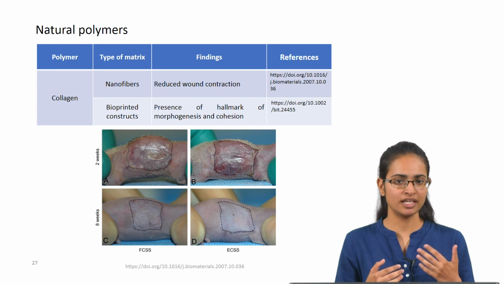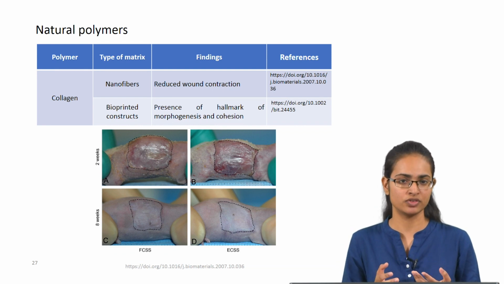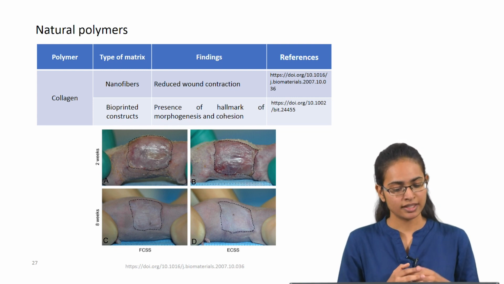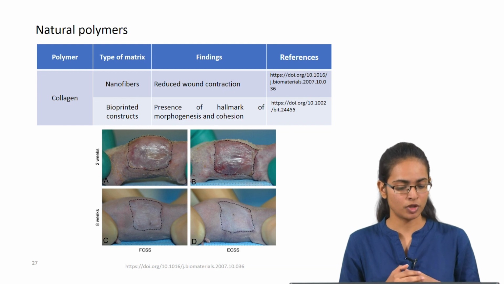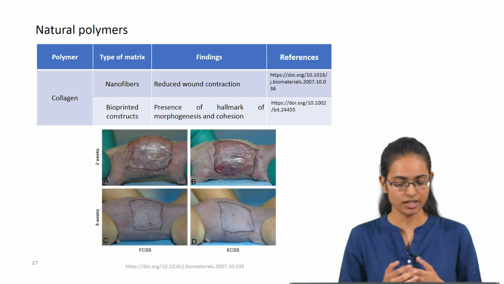Chitosan has also helped improve cellular adhesion and proliferation. Collagen is a protein based polymer. It is the major portion of the extracellular matrix, the ECM. Collagen also can be processed as nanofibers or 3D printed constructs.